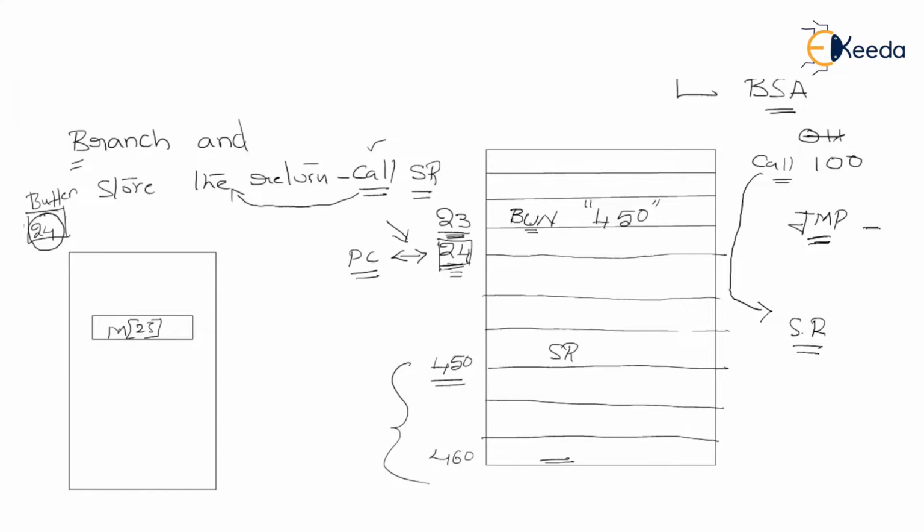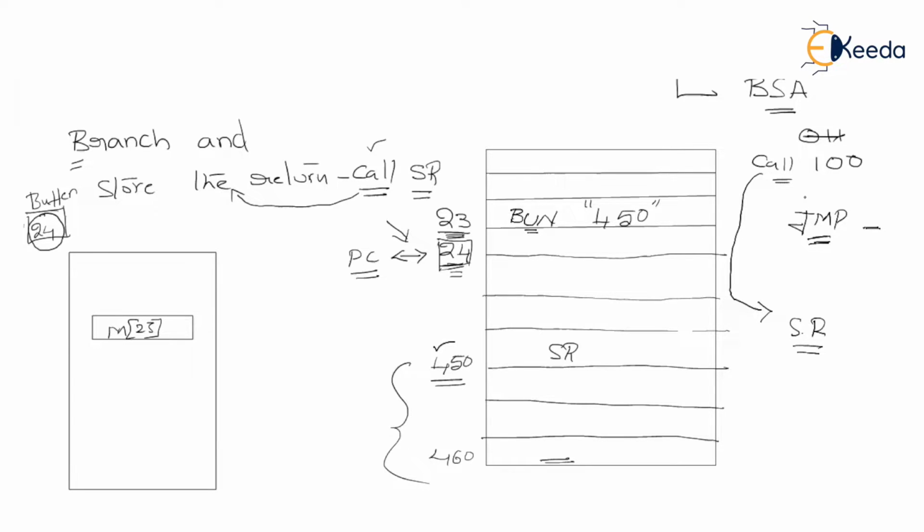For example, here, this is BUN. BUN is an equivalent instruction to jump. BUN 450 means you can skip all the intermediate instructions till 450 and directly start with the execution of the 450th instruction. This is the difference between BSA and BUN.